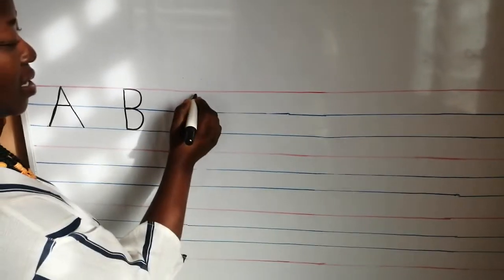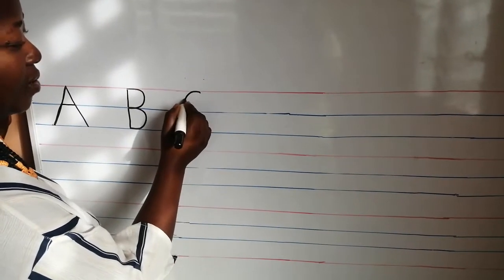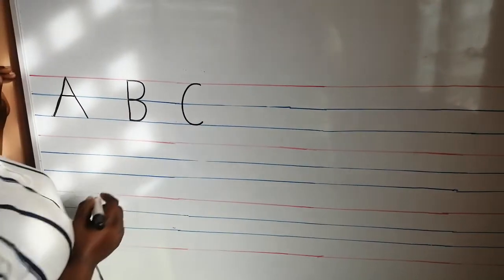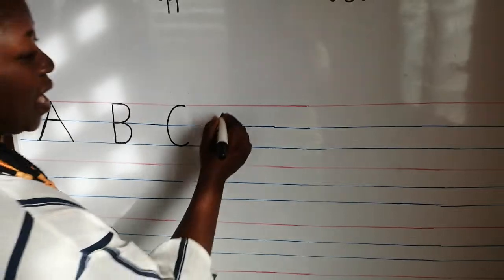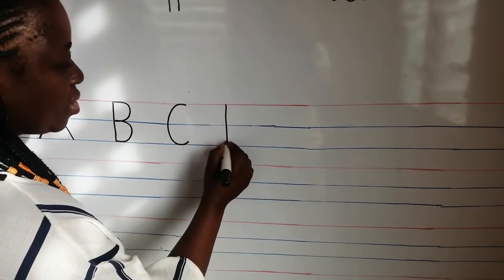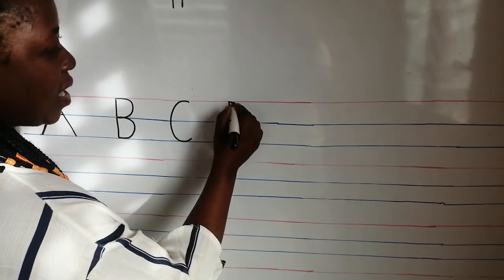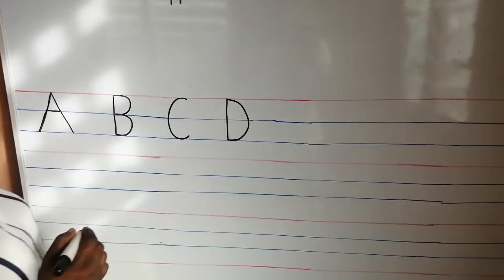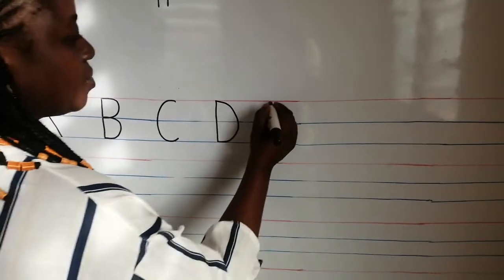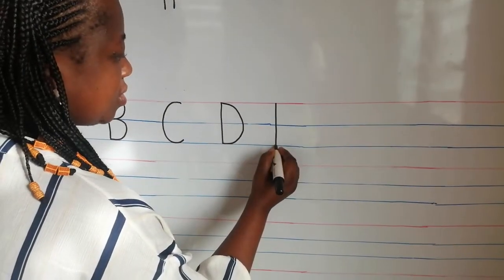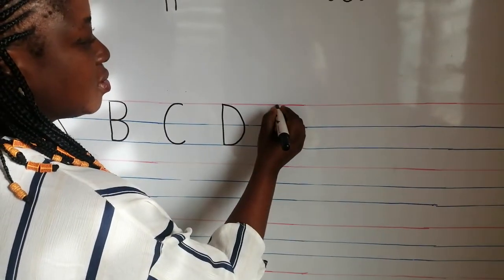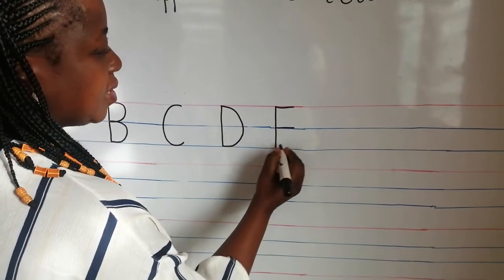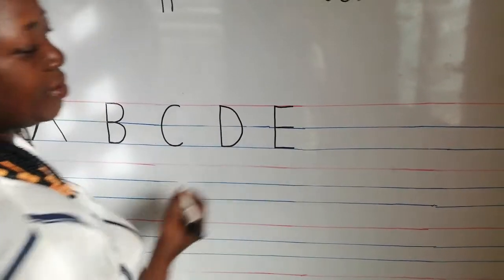Now our C is the same way, from the first line down to the third line. We have our C. Our D starts with a stroke and then a curve in. Our E starts with a stroke across a sleeping line, another one, and another one.